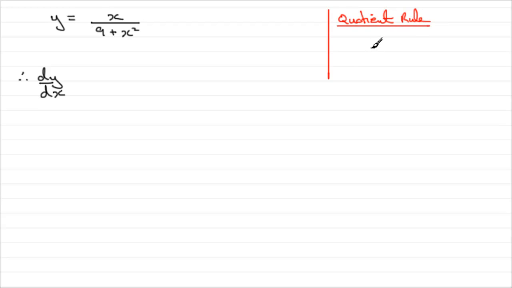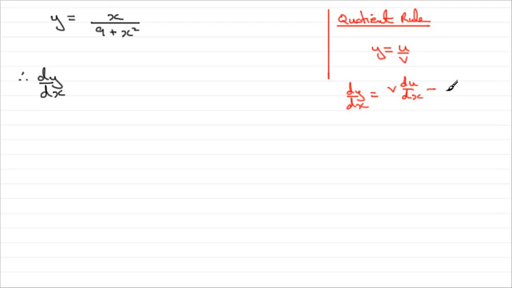You can also find examples on my website about this, but basically if you've got y equals u over v, where u and v are two functions of x, u in this case is the x and v is the 9 plus x squared, it can be shown that dy by dx is equal to the bottom of the fraction, that would be v, times the differential of the top of the fraction, du dx, and then you subtract, and you do this the other way round.